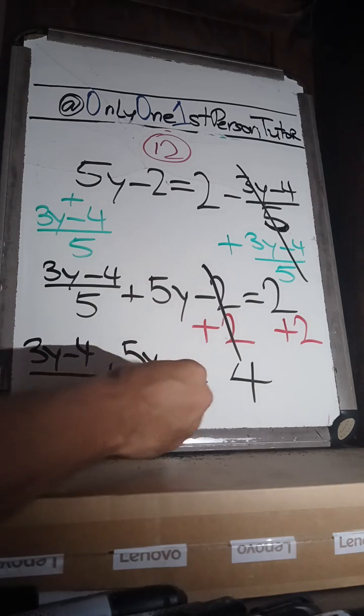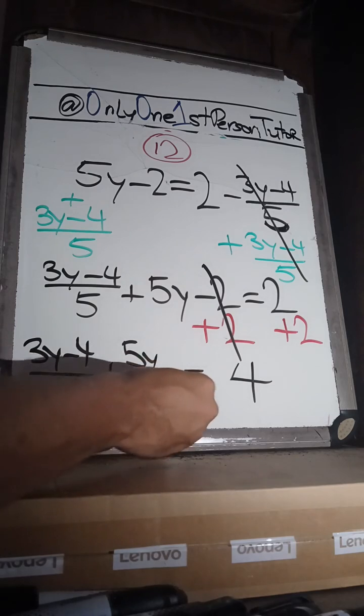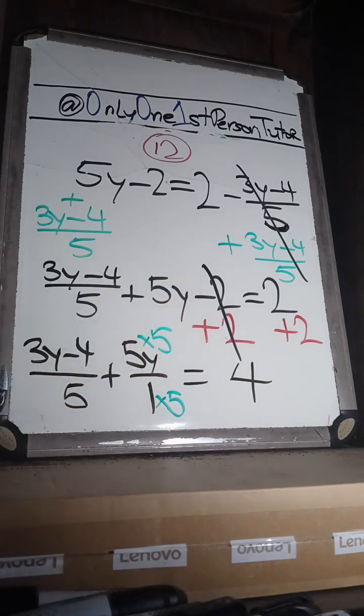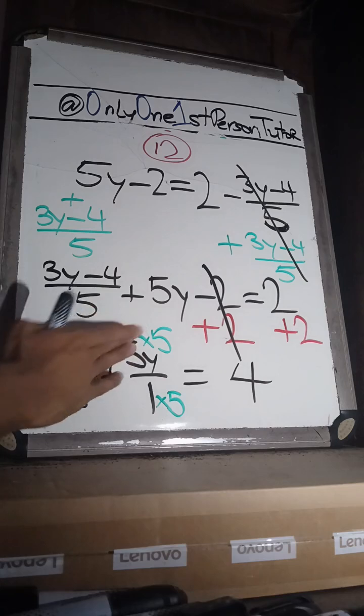So I need to multiply this by 5. Then do that up here as well. This by 5. Alright, so we have 25y over 5.